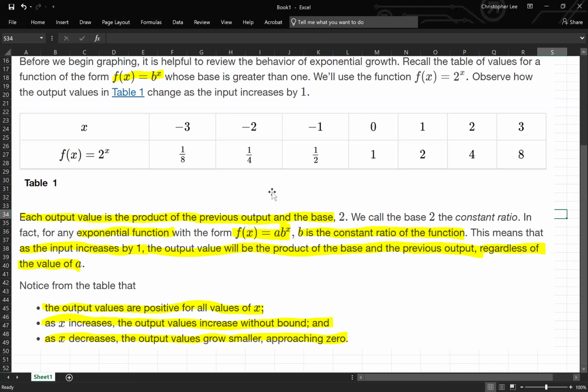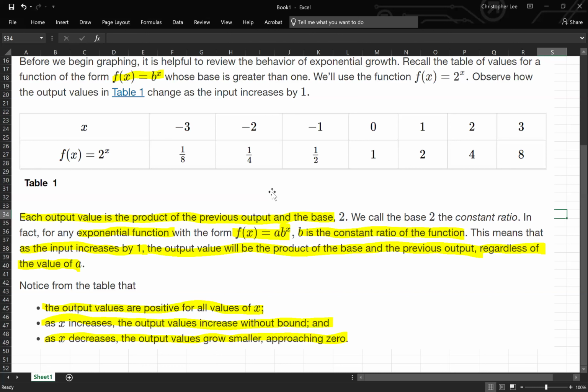So here's what I want y'all to notice from the table right here. This is really important. The output values are positive for all values of x. No matter if x is going to negative infinity or positive infinity, all the y values are positive. As x increases, going to positive infinity, the output values increase without bound, which means it just goes to infinity, it just shoots up.